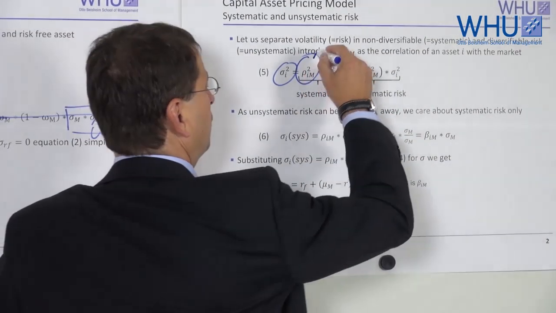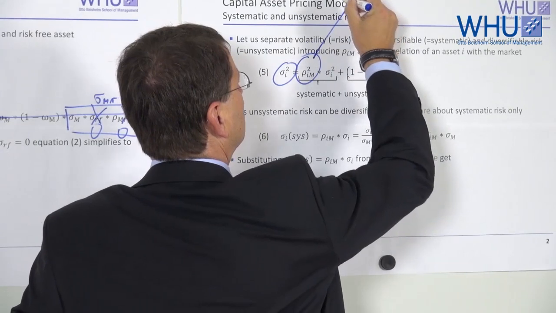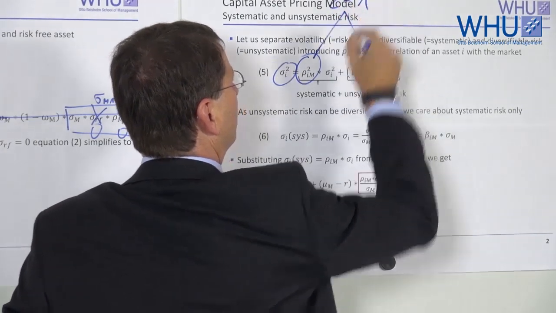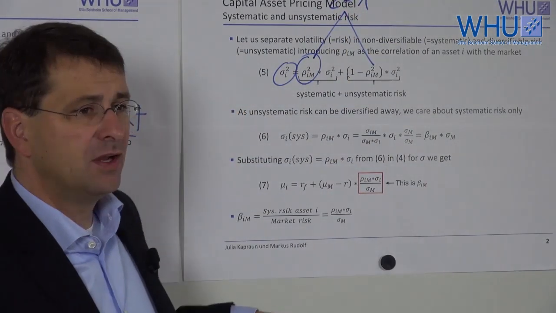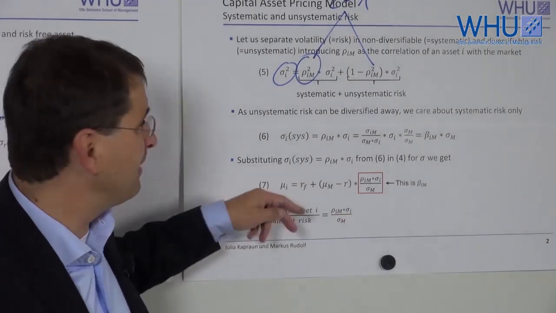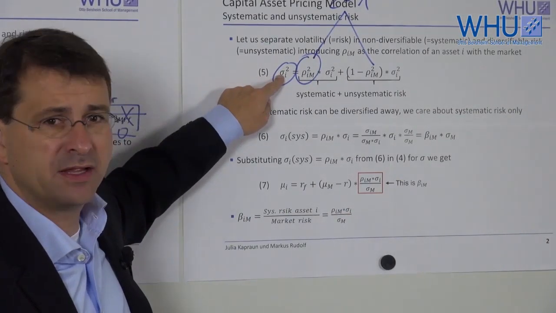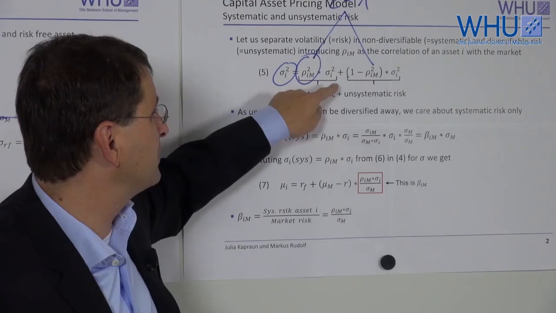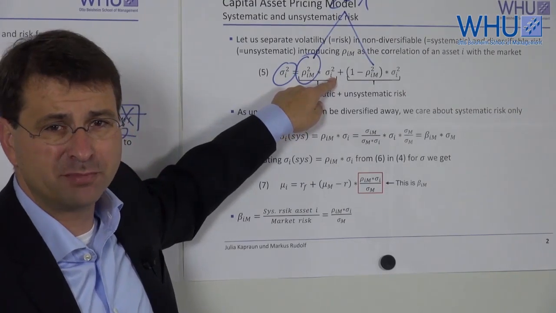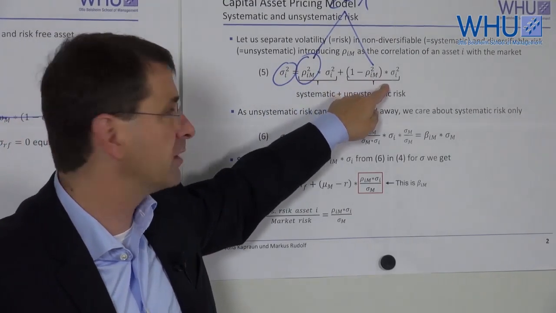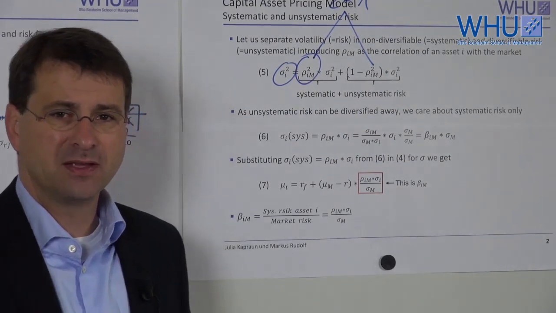So basically, if I put those two together, the sum is 1. So now, in other words, I'm simply subdividing the sigma I squared into a component rho squared times sigma I squared, and another component 1 minus rho squared times sigma I squared.